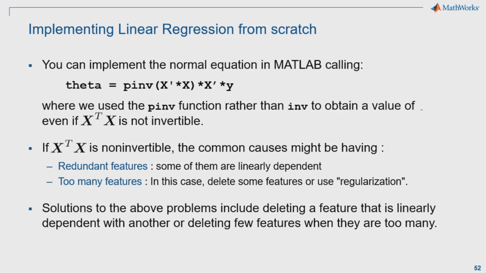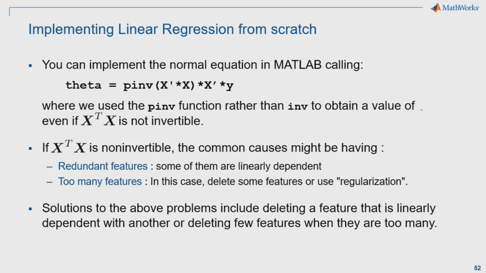But for this very simple problem, you can compute the parameters of your model, the theta vector, using the normal equation that we have seen before. So by computing the inverse of x transpose times x, multiplying the result by x transpose, and then by the vector of the response variables.